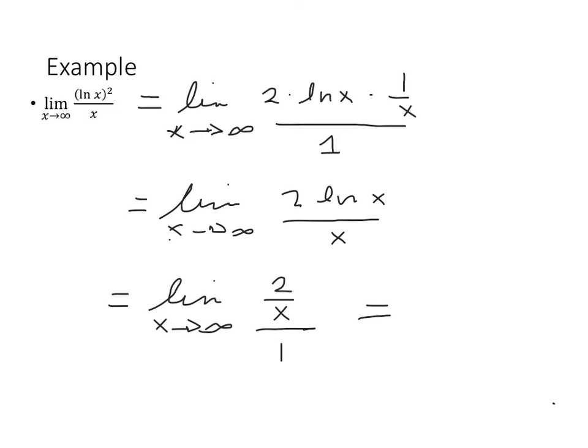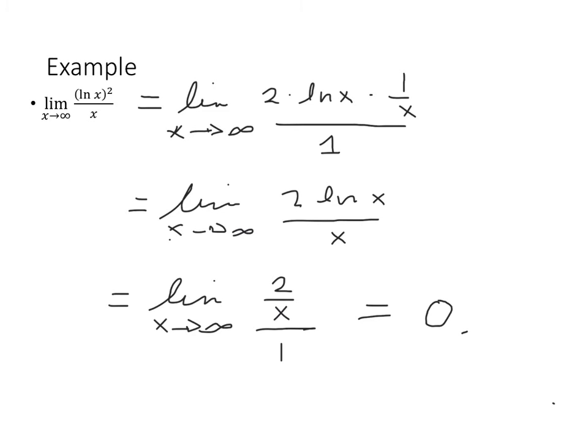And now we look at our new limit, and we see that 1 is just staying 1, 2 is just staying 2, x is getting big, 2 over x then must be getting close to 0, and we no longer get an indeterminate form. We actually get an answer: the value of this limit is equal to 0.